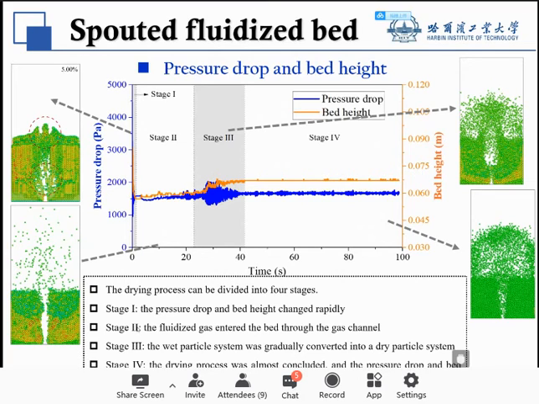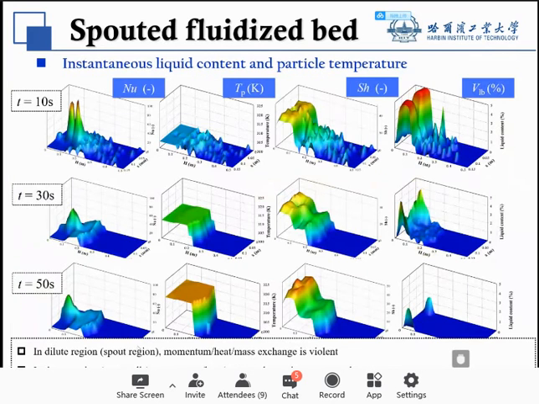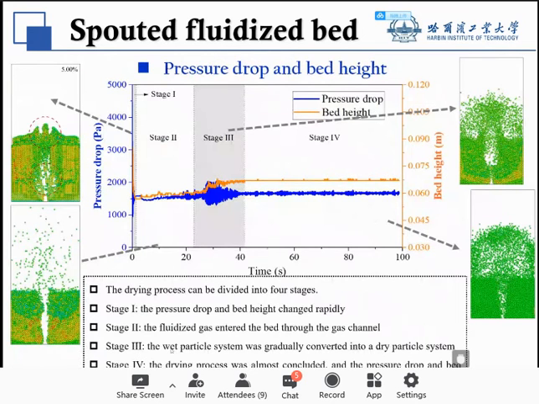For stage 2, we found that the fluid gas entered the bed through the gas channel. So for the left figure, here the gas channel formed, so the pressure drop is more uniform. For the third stage, the wet particle system was gradually converted into a dry particle system, so in this part the pressure drop is violent.